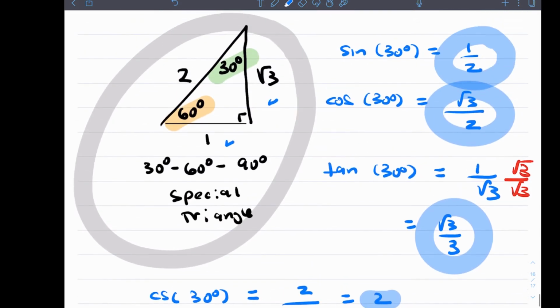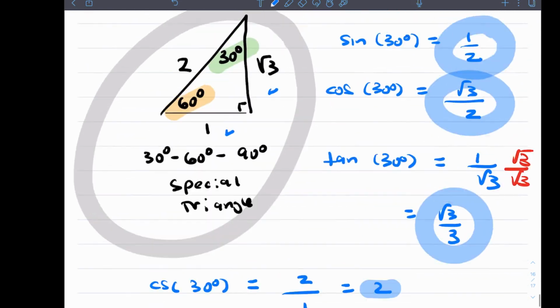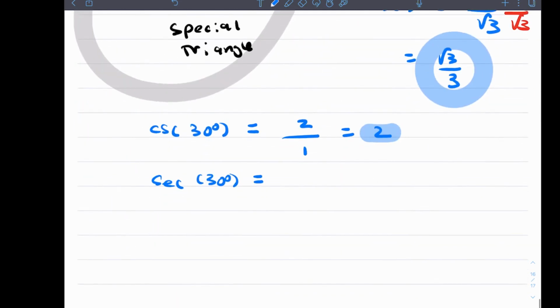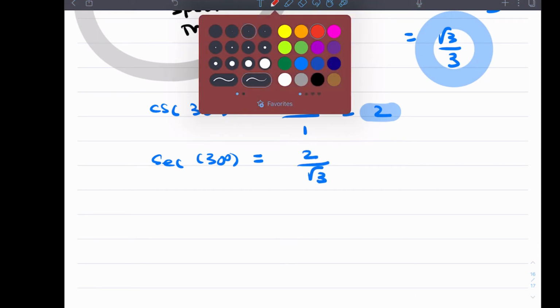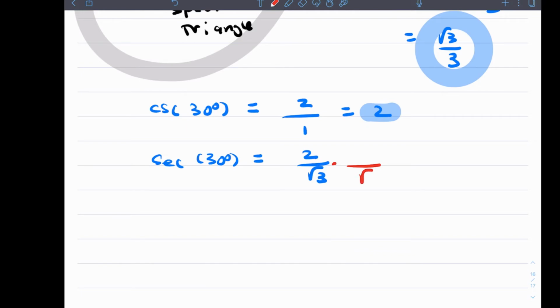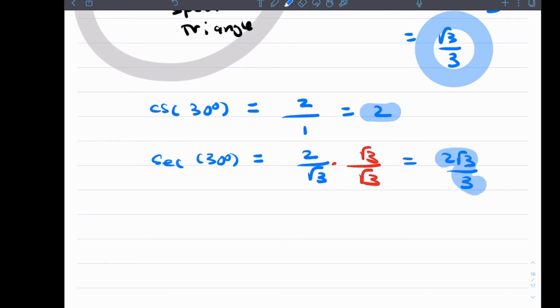You got to know the reciprocals. What about cosine? What's the reciprocal of cosine? In that secant 30. So flip that over. Square root of 3 over 2 is really going to be what? 2 over square root of 3. And there you go.